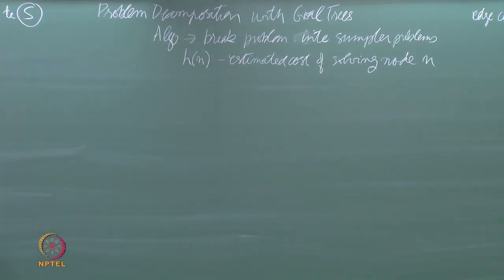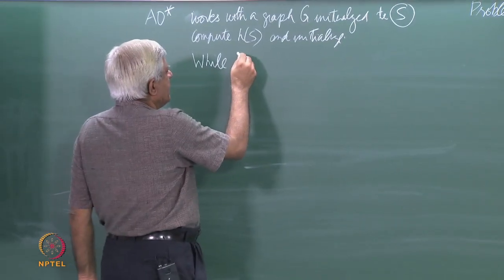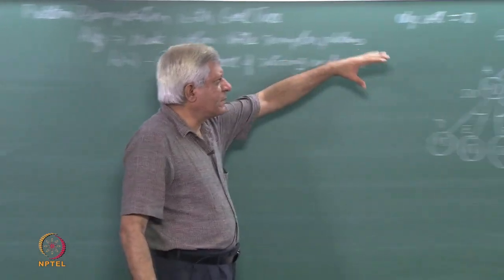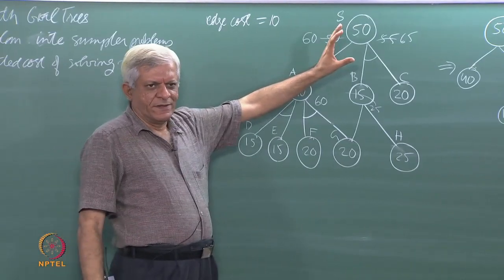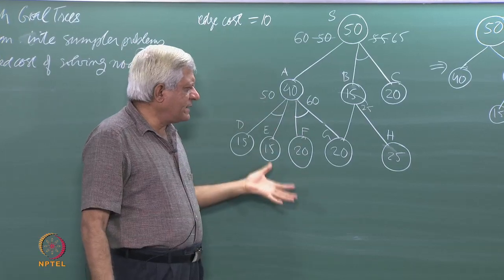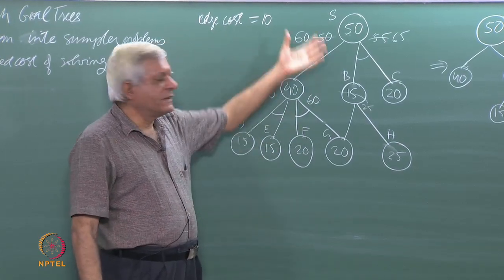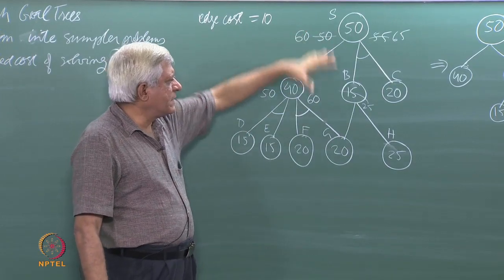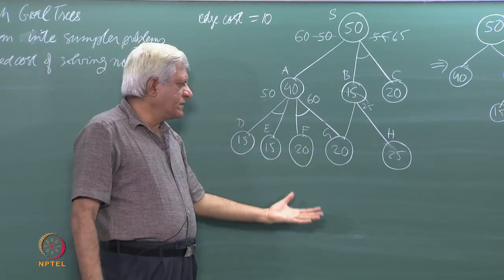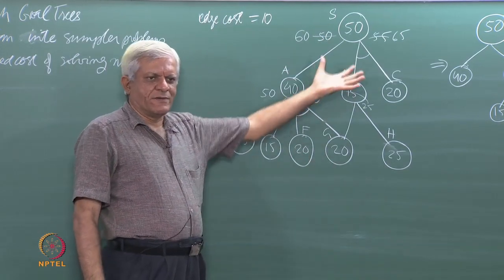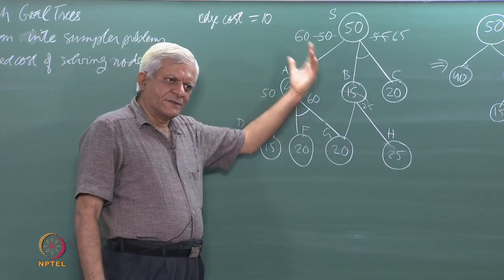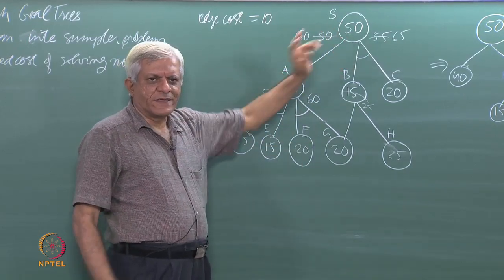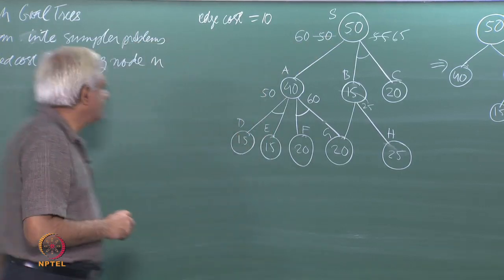So, we will use a label called solved, and eventually we want to say that we have solved the original problem which is the root S essentially, and as and when we find a solution we want to percolate this label of solved up essentially. So, this is a problem decomposition process and there is going to be a secondary process in which some labels will travel upwards, and one of the labels will be the solved label, and once the solved label reaches a root node we can say we have solved the root node essentially.